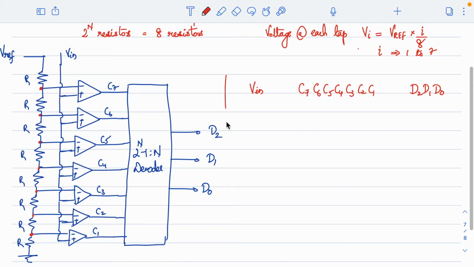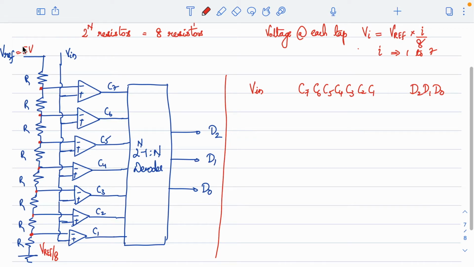Now, if I look at this input voltage, for every comparator there is a comparison range. The available voltage here will be VREF divided by 8. Say I am keeping VREF as 5 volt.